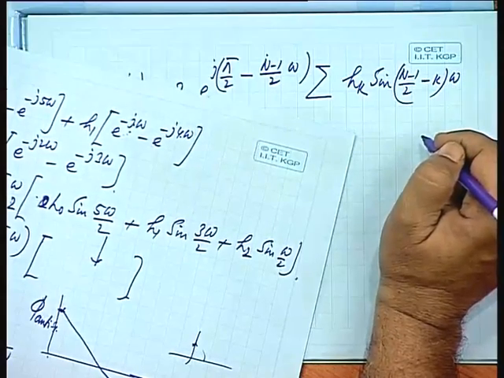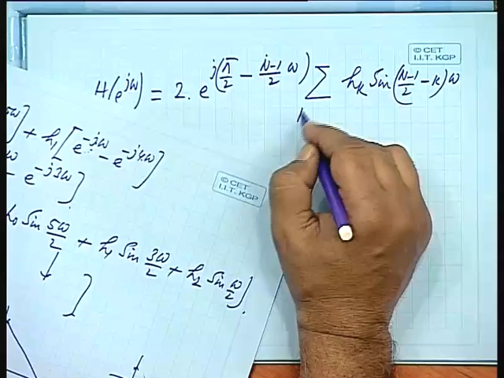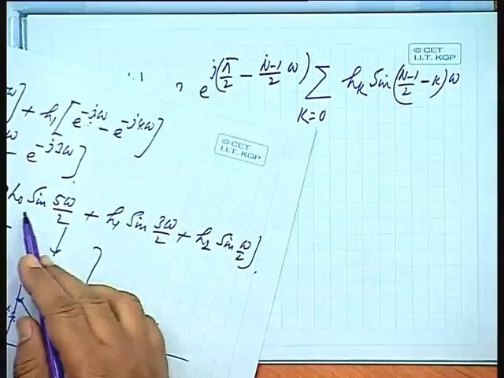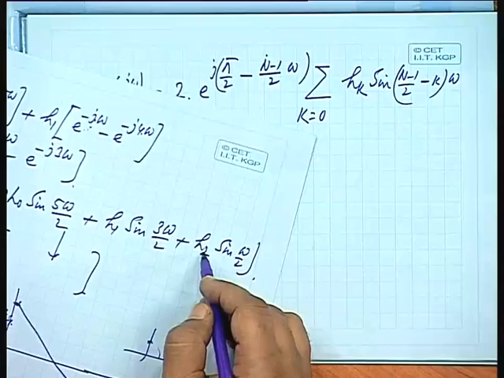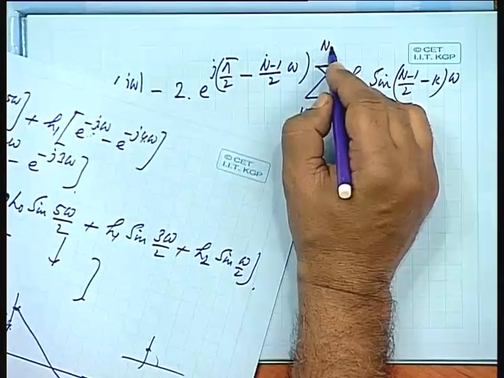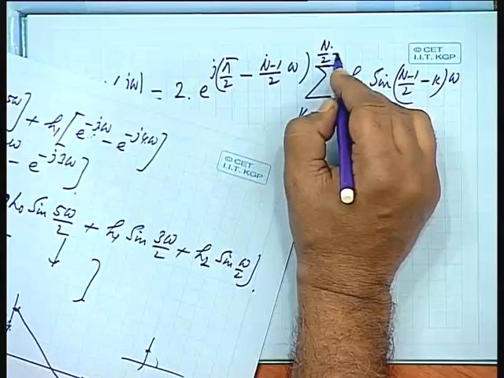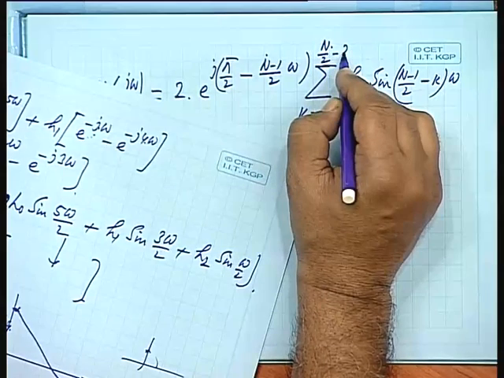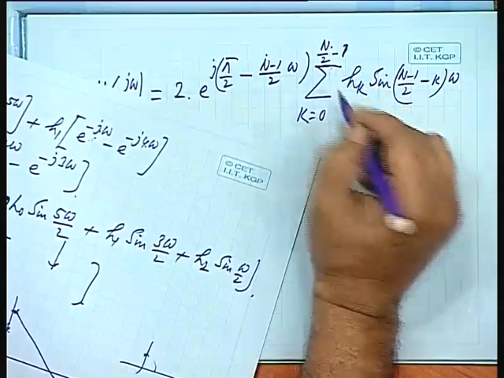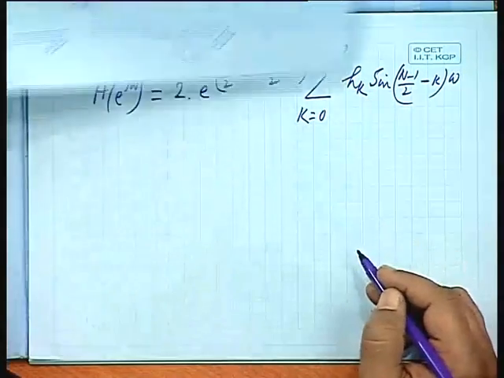What is the range of k? k equal to 0, 1, 2, so 0 to n by 2 minus 1, all right. So, this will be the general expression.